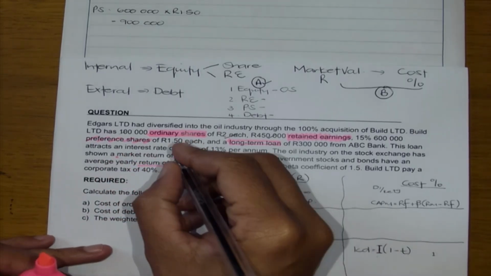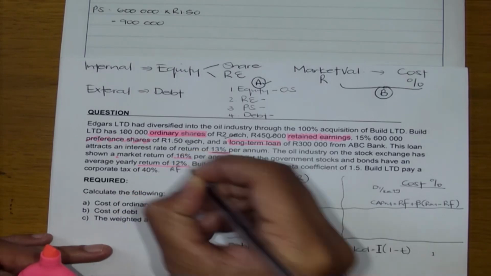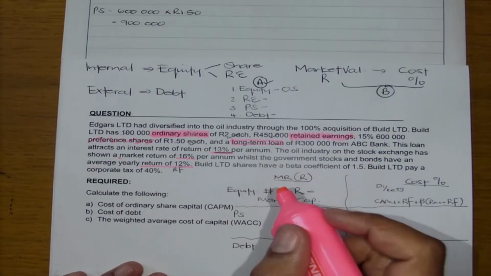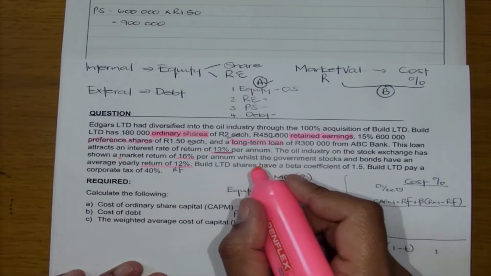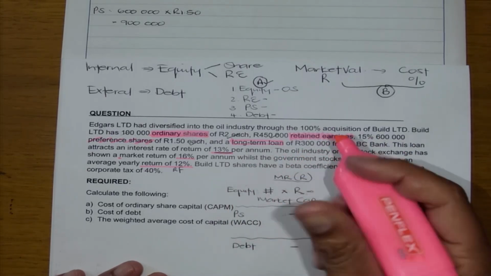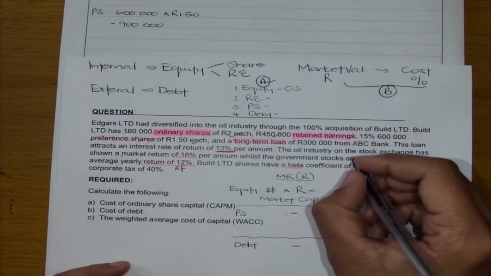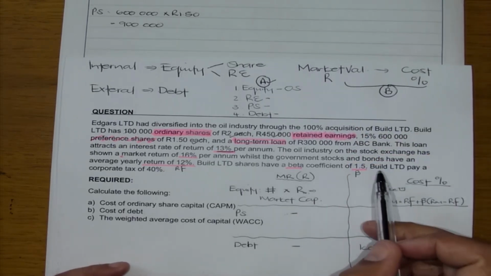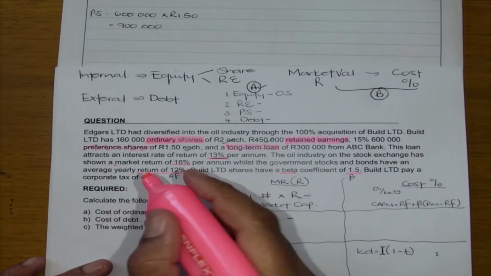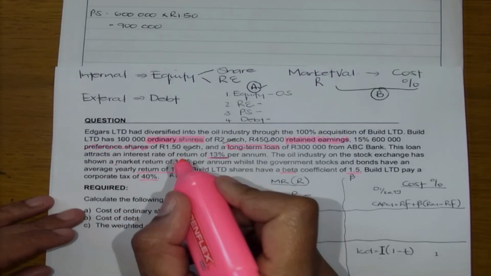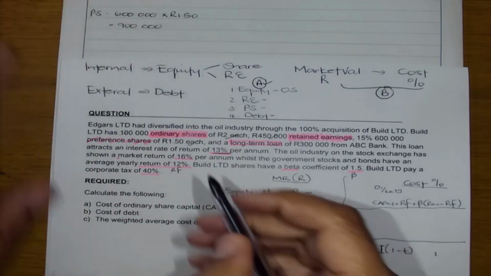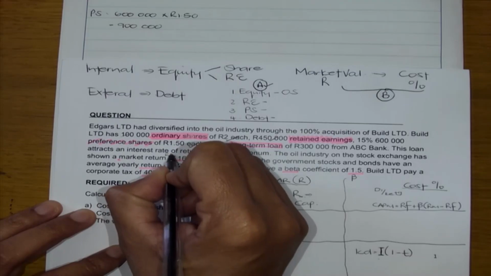So this we already know. This is our RF. Bolt Limited shares have a beta of 1.5. We know that this is beta. And Bolt Limited pays a corporate tax of 40%, right? So our market return, this is our RM.